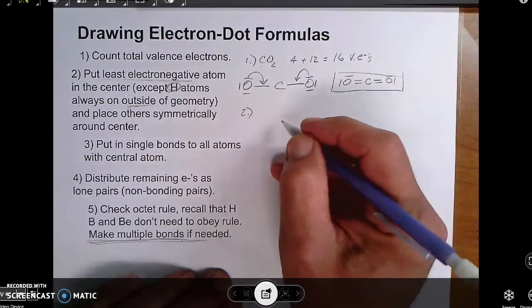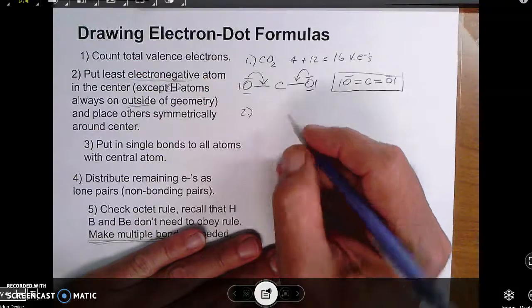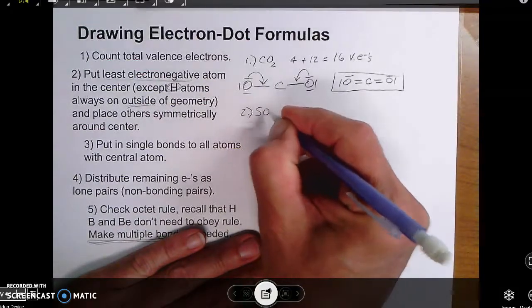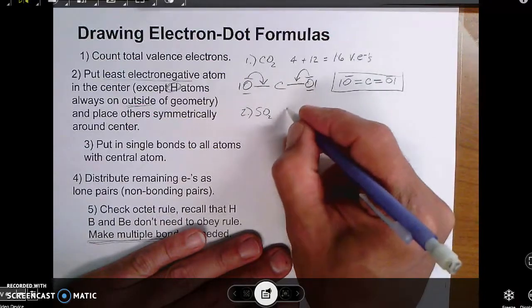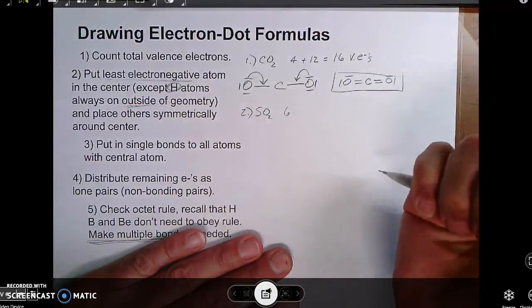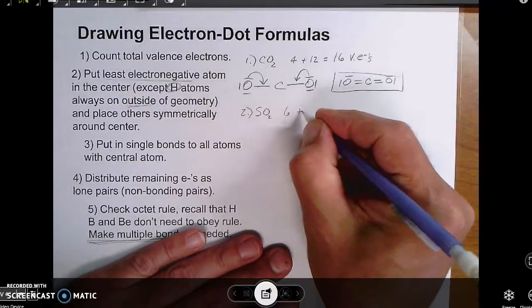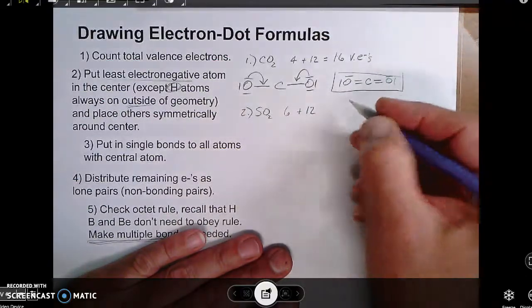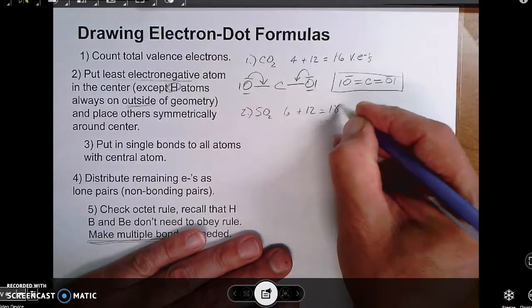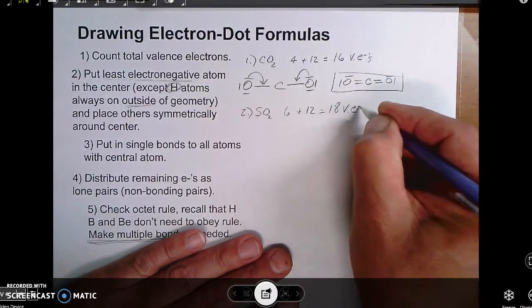All right, very good. Our next example is a little more complex. It involves resonance structures, and we'll see how that comes about with SO2. Again, we add up the valence electrons. Sulfur has 6, plus oxygen has 6, 2 of those. And of course that's going to be a total of 18 valence electrons.